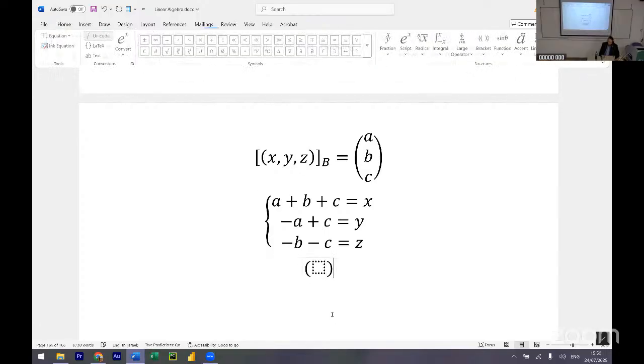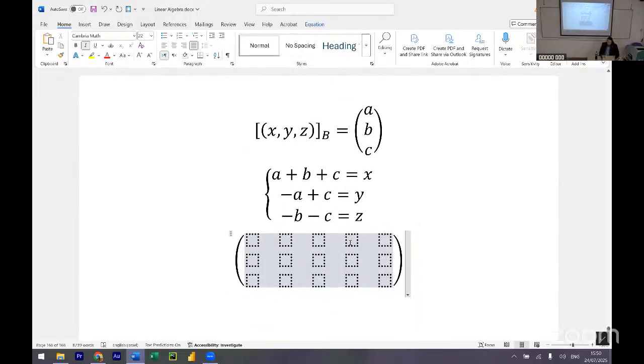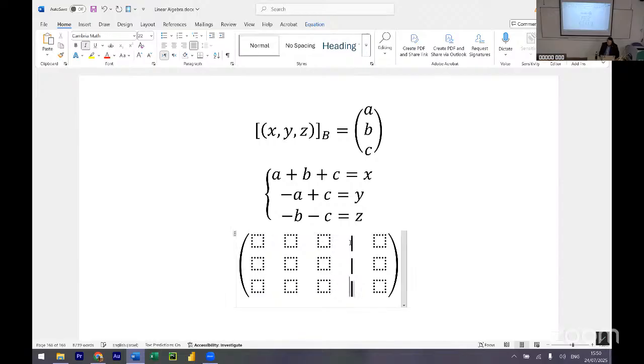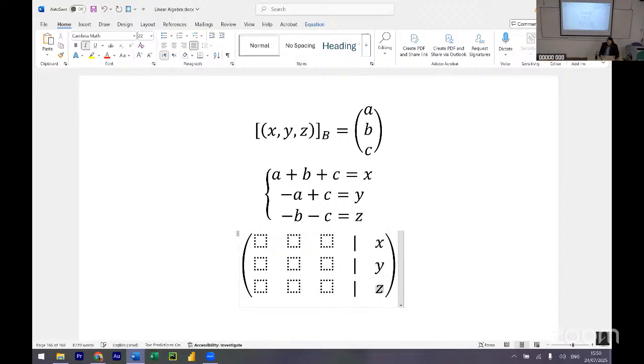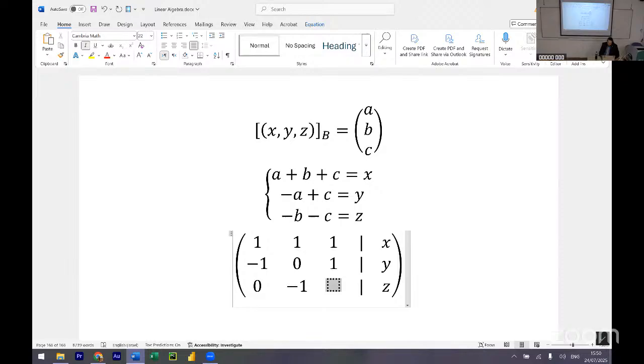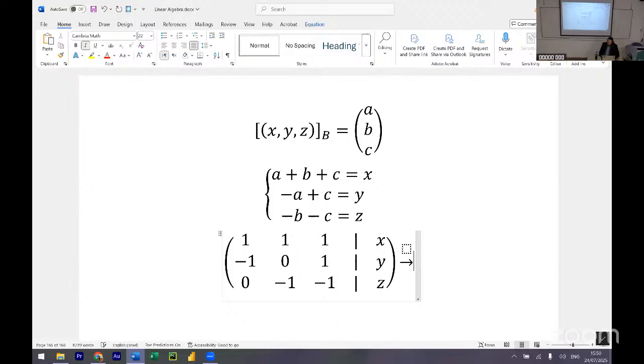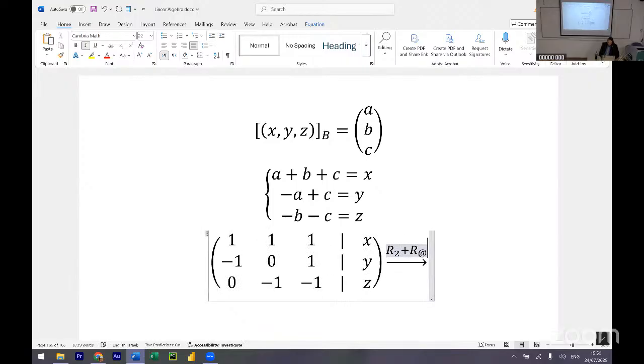The matrix is the coefficients 1, 1, 1, minus 1, 0, 1, 0, minus 1, minus 1, with x, y, z on the right. Let's do Gauss elimination to get to the reduced form, R2 plus R1.